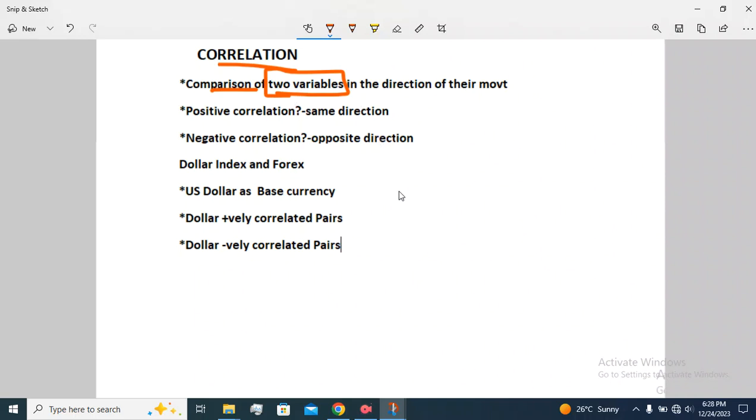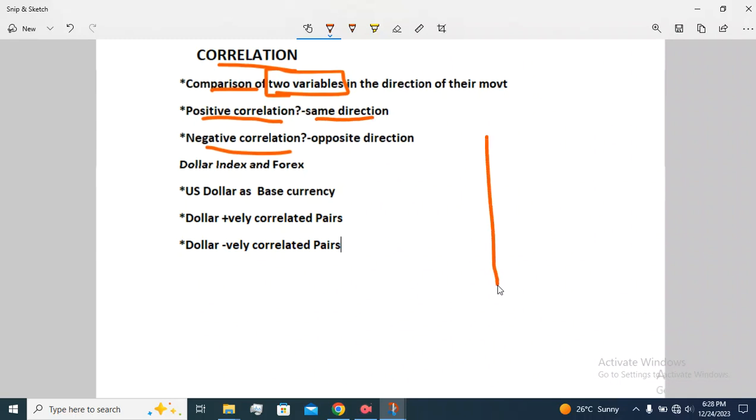Mostly in forex we use DXY as a correlative factor, whereby we compare the dollar index with other currency pairs, and we say we have positive correlation and negative correlation. Positive correlation is where the dollar index is moving in the same direction as other currency pairs.